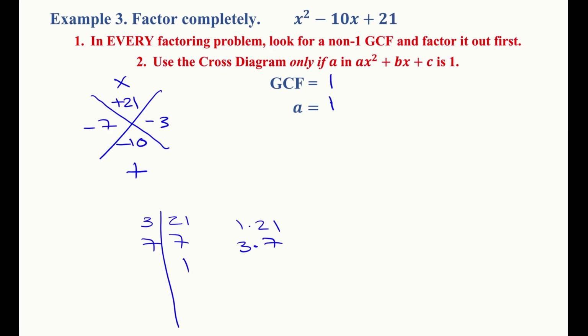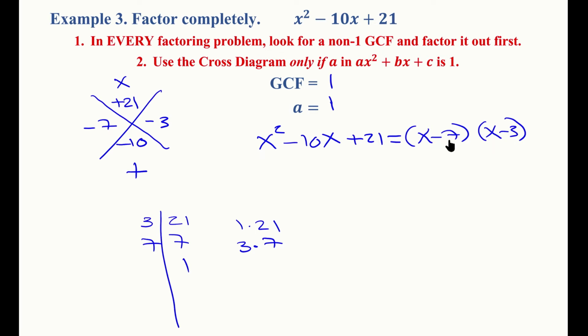So we're going to claim that x squared minus 10x plus 21 equals x minus 7 times x minus 3. Now we'll do our quick check. First times first is first, check.